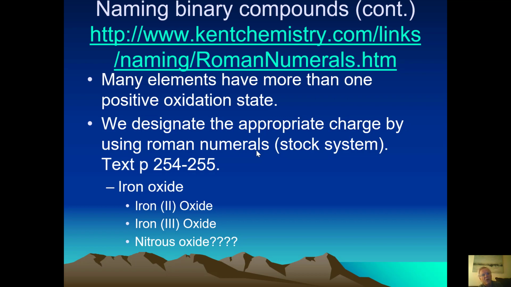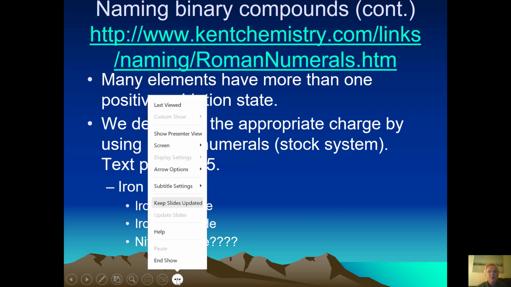We want to use Roman numerals to tell me which oxidation state of the element am I using. So iron oxide, there are two different iron oxides. I can have iron 2 oxide or iron 3 oxide. Now, I'm going to jump quickly to the reference table to show you what we're talking about.